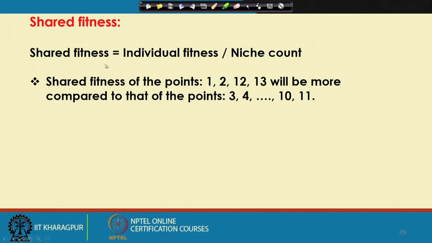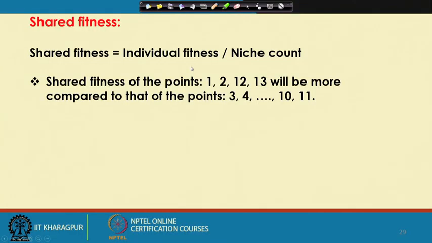That means the points which are lying on the 2 ends, which are too far from the other points, will have a lower sharing function value, and consequently the niche count will be less. That is why, for the points 1, 2, 12 and 13, the niche count value will be less, and the shared fitness is defined as individual fitness divided by niche count.